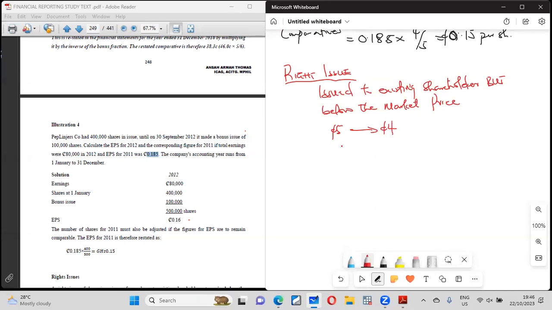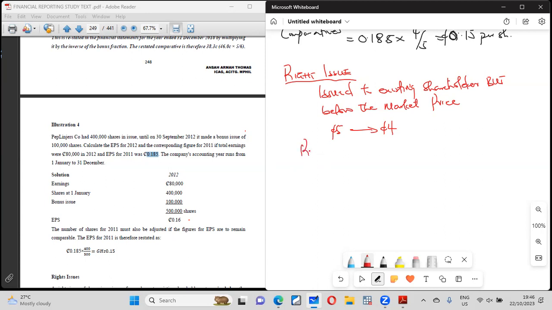What do you see? Yes, the share is 5 cedis and I've given it to you at 4 cedis. It's like they're giving it to you at a discount. At a discount, yes. And here the language you call a discount is what we call a bonus.